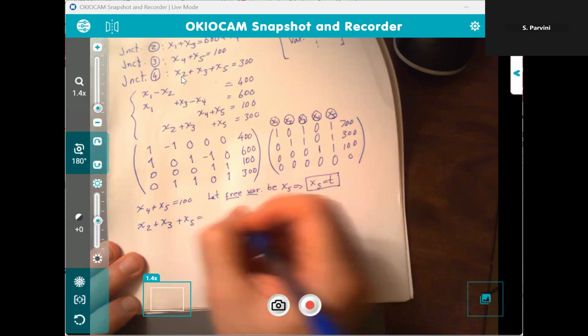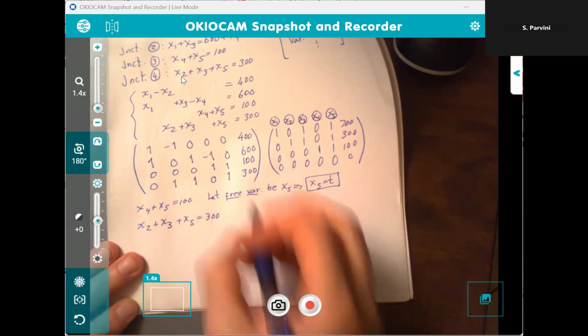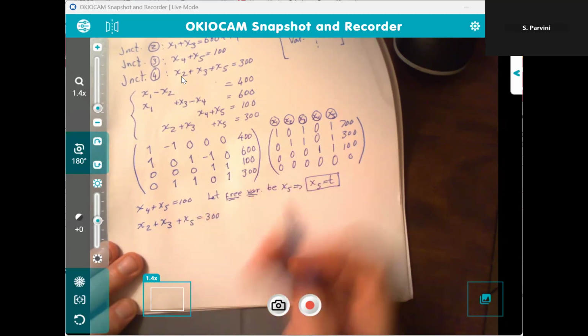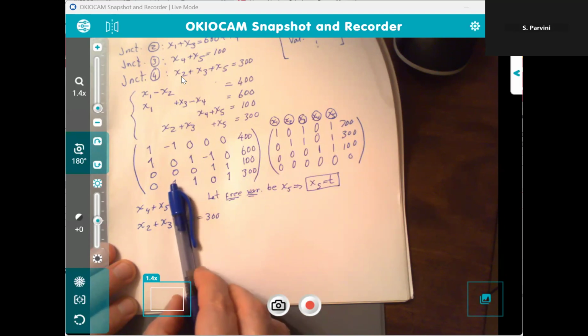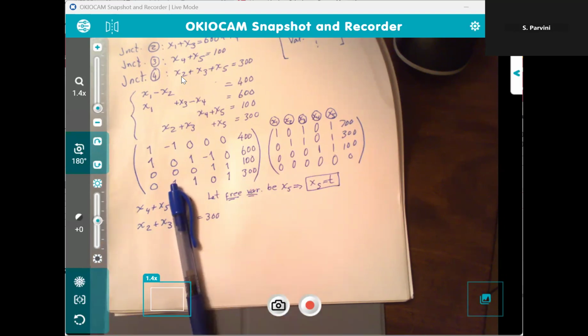Perfect. Now, we already have a free variable, x sub 5 is t, so I'm just going to cover that one. What do you think we're going to let x sub 3 be? S. Excellent.